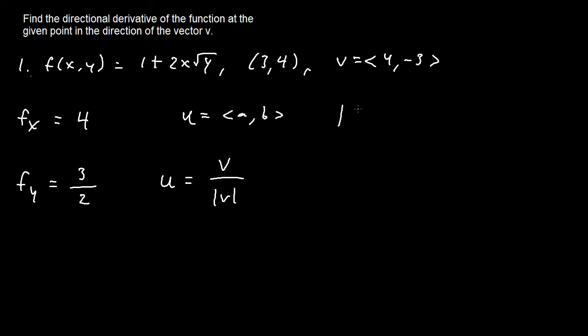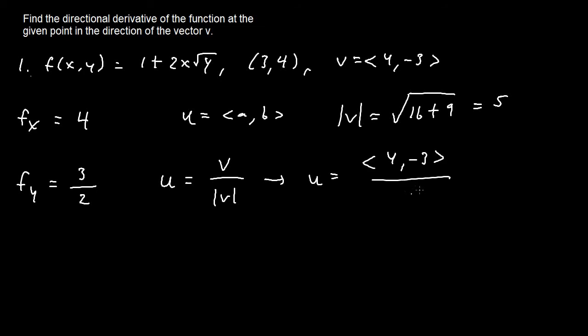The magnitude of vector v is the square root of the x component squared, so 4 squared is 16, plus the y component squared, which is 9. 16 plus 9 is 25, and the square root of 25 is 5. So to find the unit vector, we take the components, 4 and negative 3, and divide them by the magnitude, which is 5. If I divide each of the components by 5, I can rewrite it as 4/5 and negative 3/5.